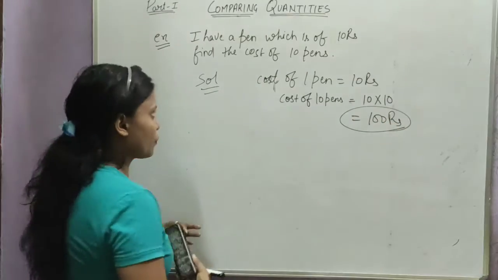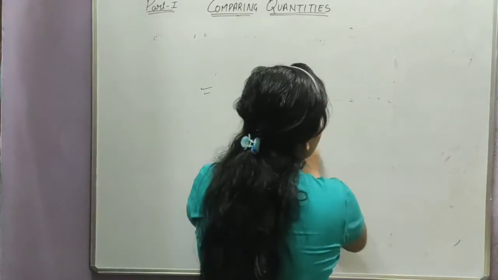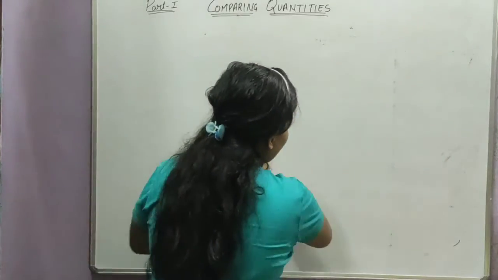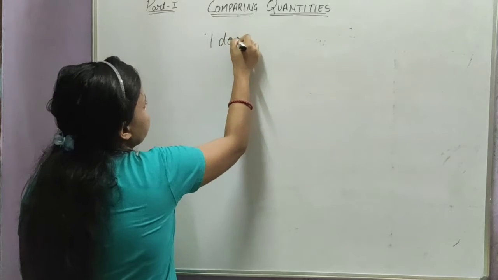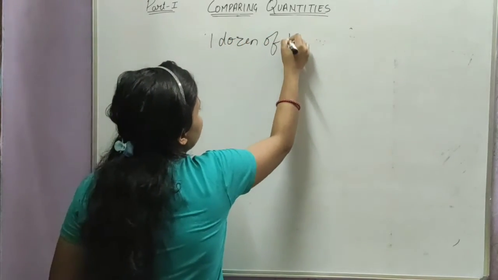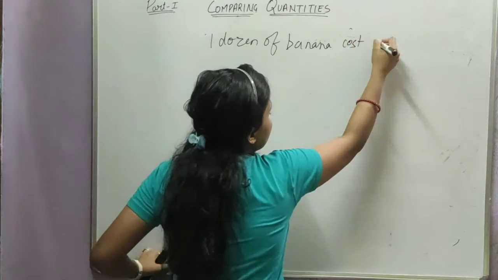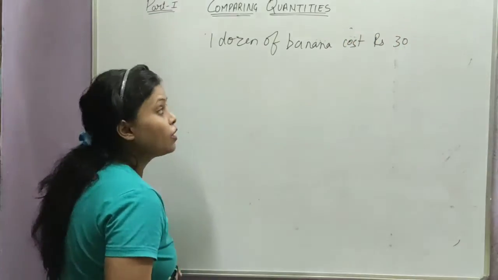Right? Okay. Let's take another example. One dozen of banana costs rupees 30. Okay.